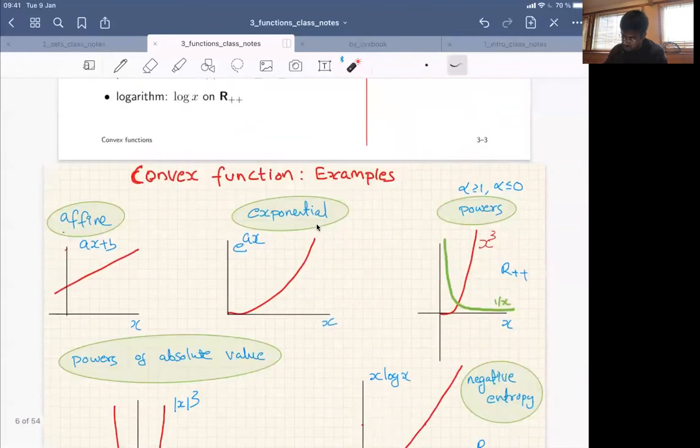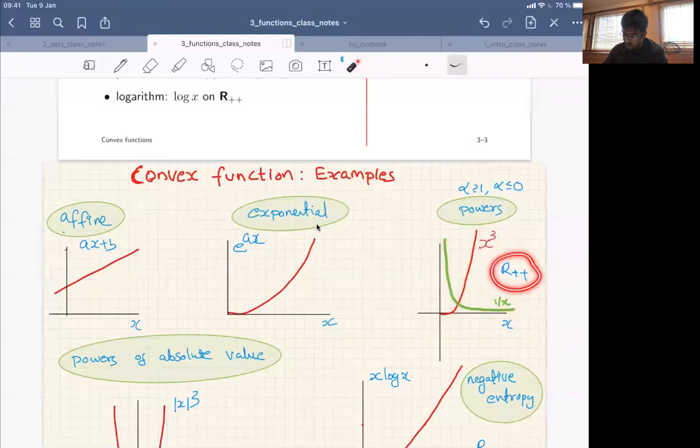So here is an example, alpha equal to 3. Okay, so this is x cube, and here alpha equal to -1, x raised to -1, which is 1 by x, right? So this is this one. Is this convex? Yes, of course this is convex. Okay, this is also convex.